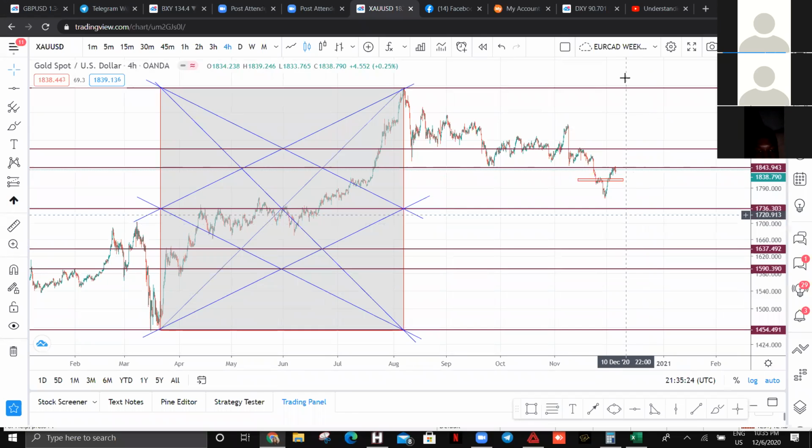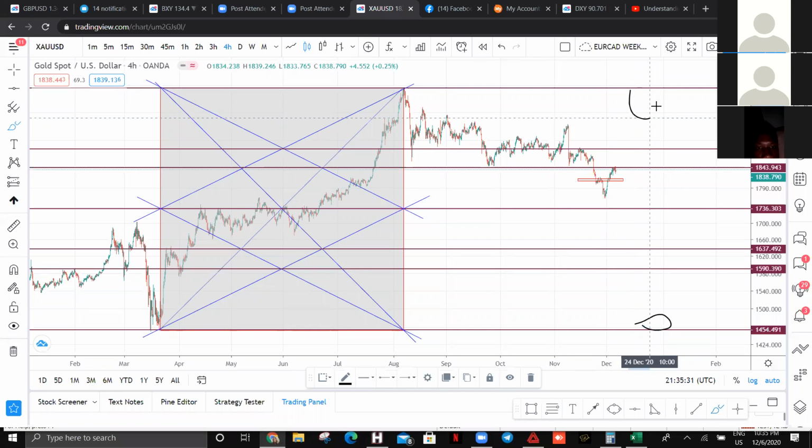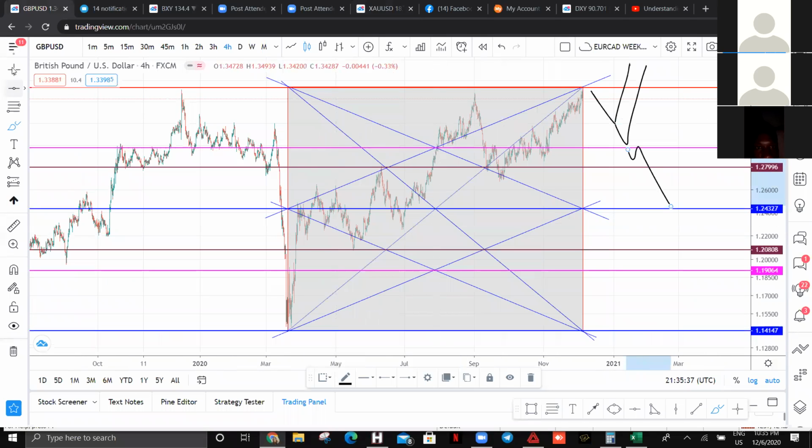For the fact that price is still between this zone here and here, if it doesn't break out of this ceiling or this support, I will keep predicting the movement of gold using that strategy, this rectangular strategy.